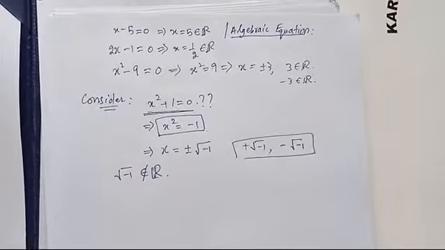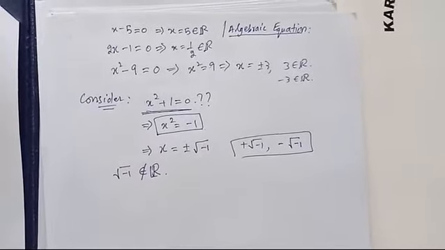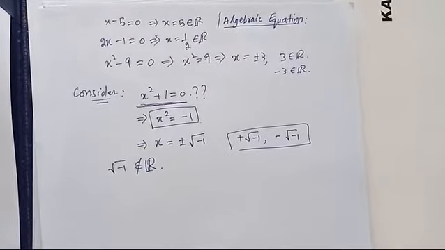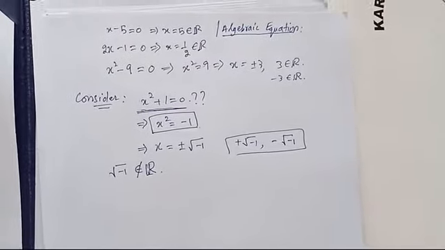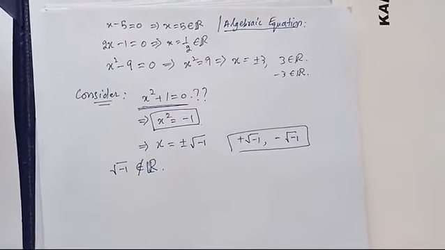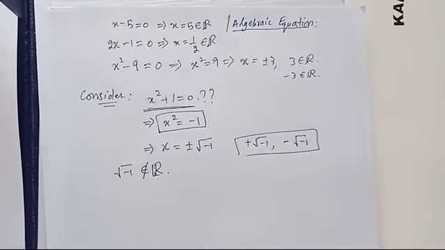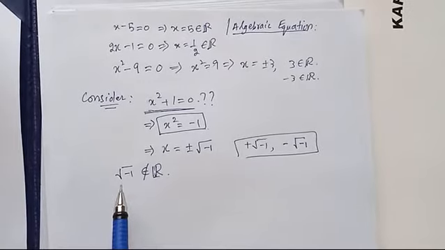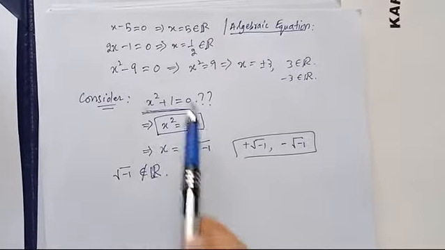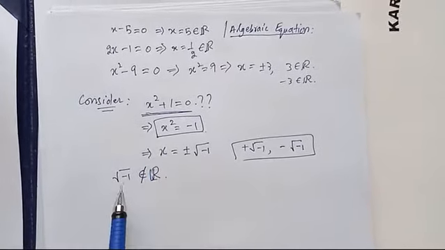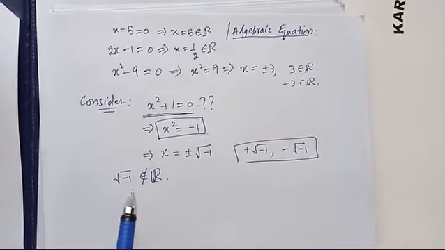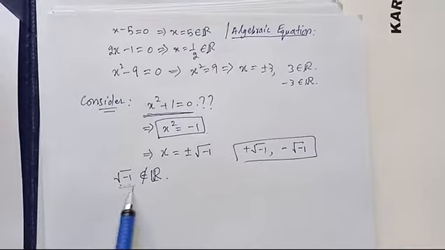So from here the mathematicians got the idea that the set of real numbers doesn't contain all the numbers, and that there must be some other sets which contain such types of numbers. So to solve such types of equations, you will get this solution.